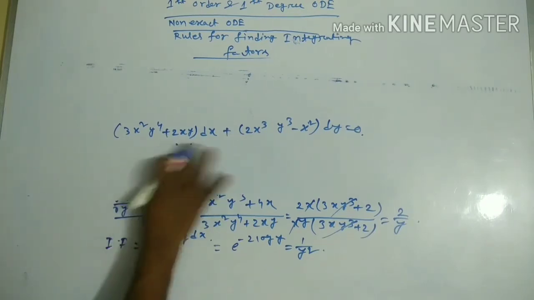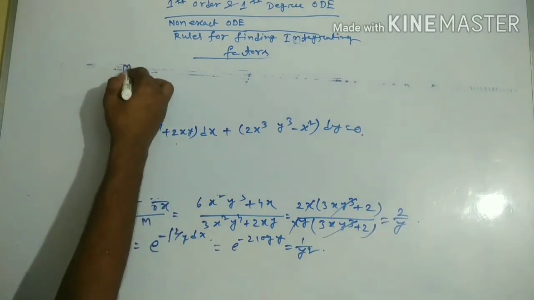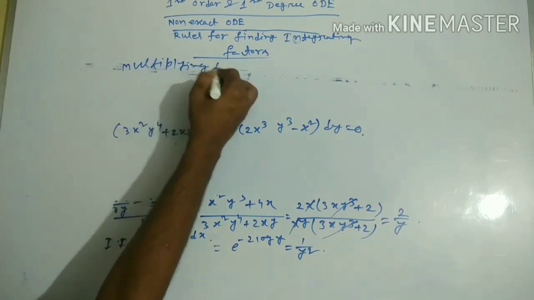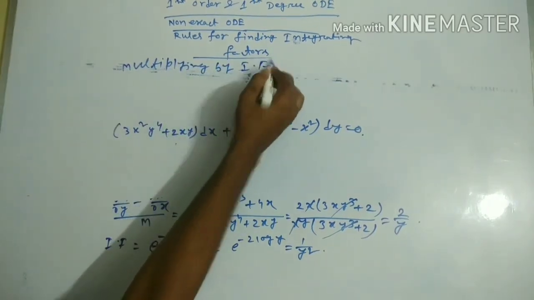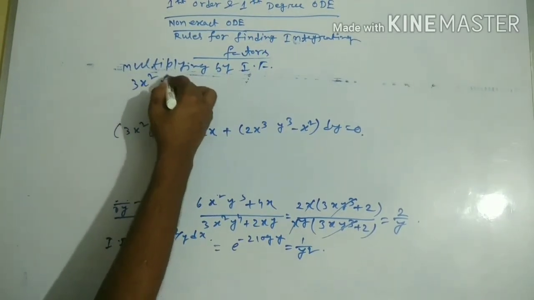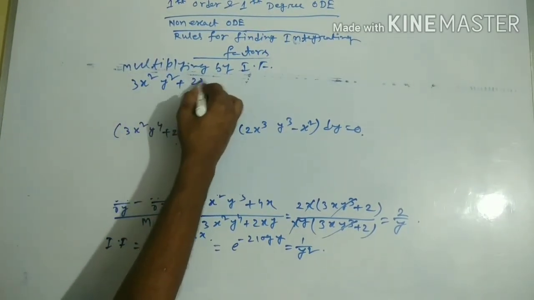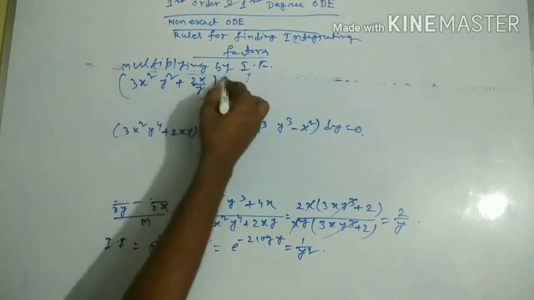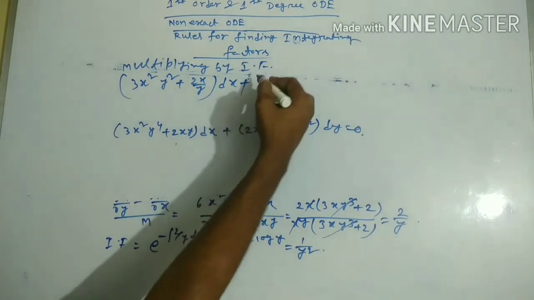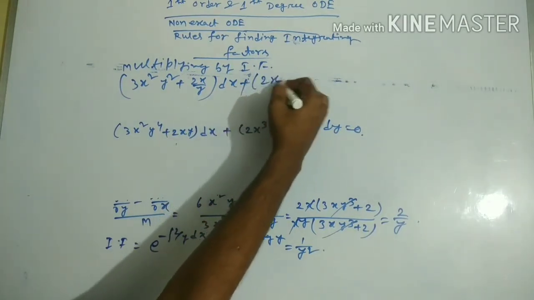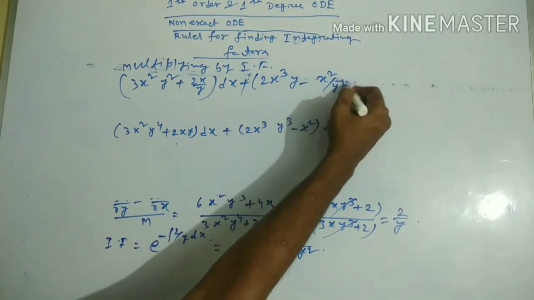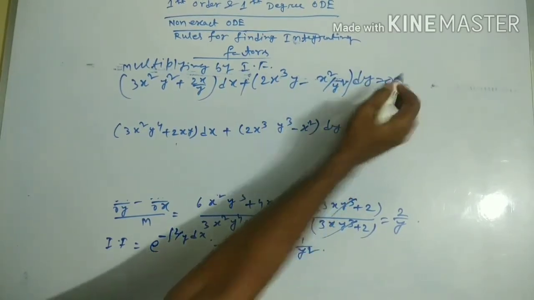So after multiplying by the integrating factor, this will be (3x square y square plus 2x by y) dx plus (1 by y square) (2x cube y minus x square by y square) dy equal to 0.